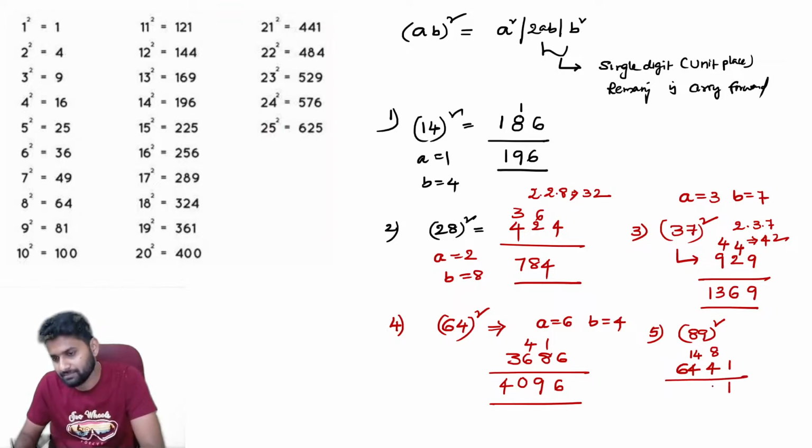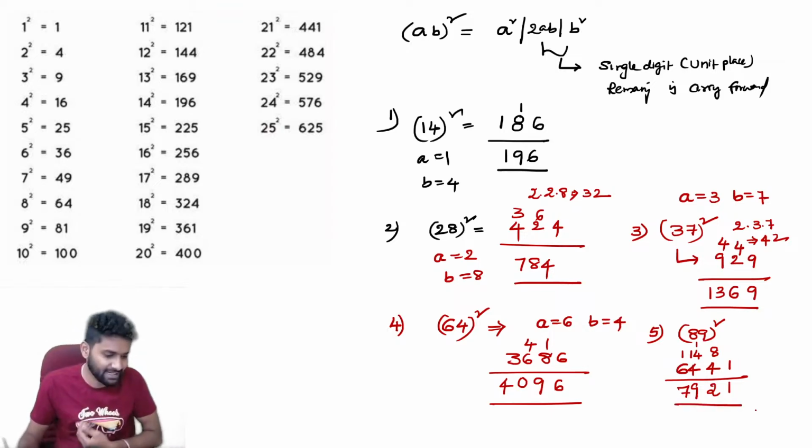Now here 1 8 plus 4 is 12. 14 plus 4 plus 1 is 19. Plus 1 is 7. Here the answer is 7921, that is correct.